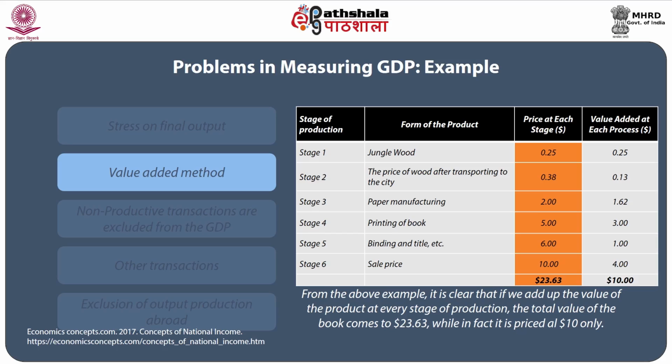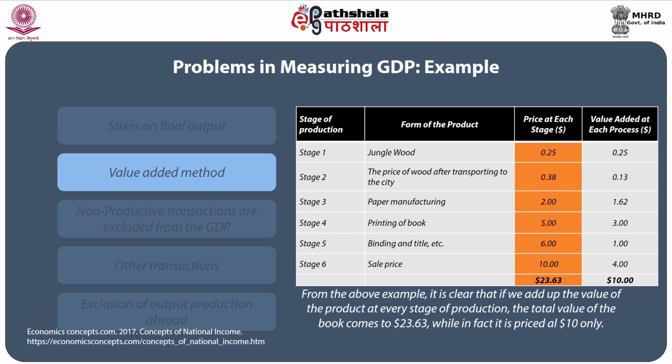There are different forms of products, like in stage 1 jungle wood, in stage 2 the price of wood after transporting to the city, stage 3 paper manufacturing, stage 4 printing of book, stage 5 binding and title, etc. Stage 6, sales price. At every stage, there will be a price which has to be taken into account.